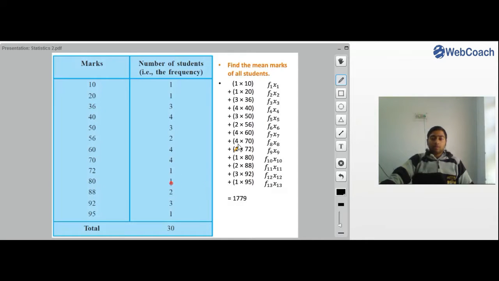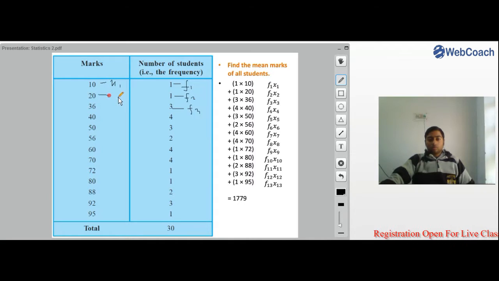Now, as I was talking about the shorthand expression, so this is the shorthand expression. We can call the frequencies f, this one as f1, this one as f2, this one as f3, and so on. And the observations, we can call them x.